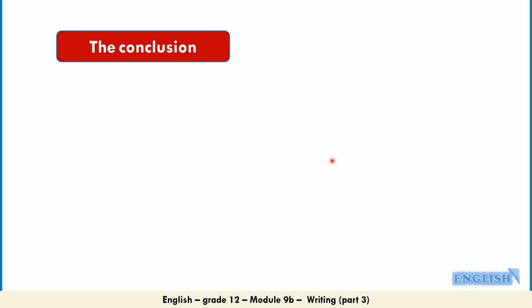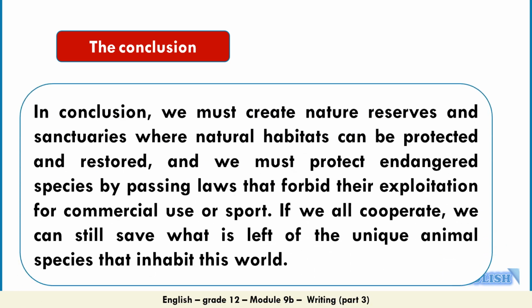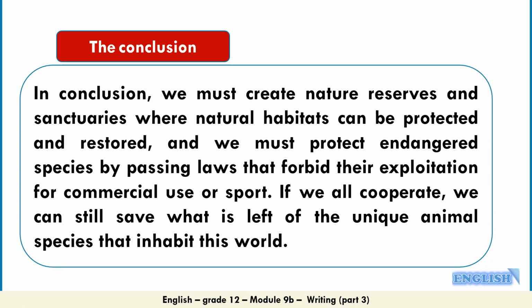Moving to the conclusion, we can say, for example, in conclusion, we must create nature reserves and sanctuaries where natural habitats can be protected and restored, and we must protect endangered species by passing laws that forbid their exploitation for commercial use or sport.